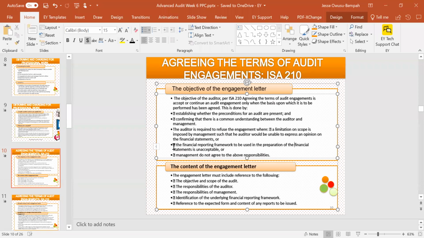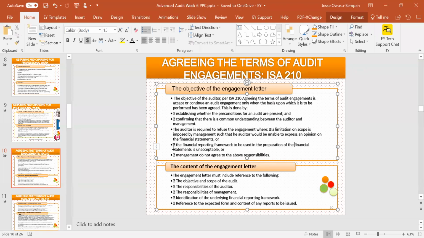So what is in the engagement letter? Number one, it includes the objective and scope of the audit. It defines the boundaries of the audit. Number two, the responsibilities of the auditor. What are the auditor's responsibilities?